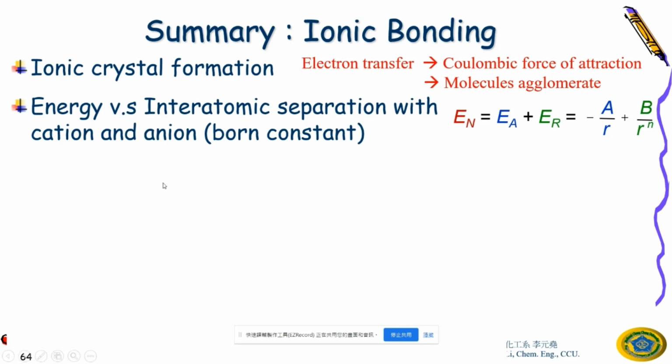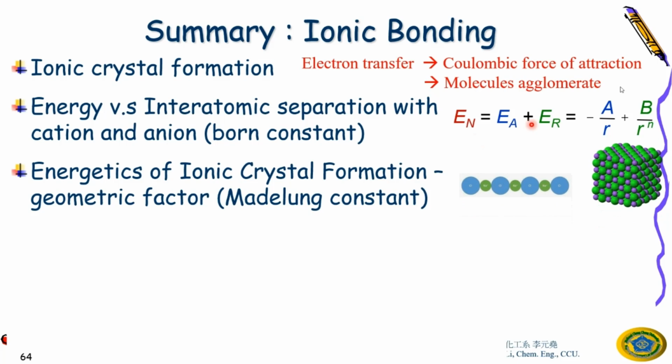This equation represents the attraction energy and repulsion energy, right? n stands for net. And n is the Born constant. The Born constant is between 6 to 12. r is the distance between two atoms, and A and B are constants.